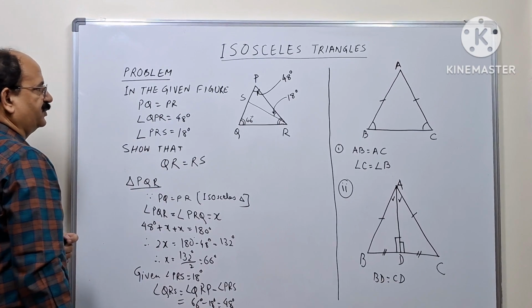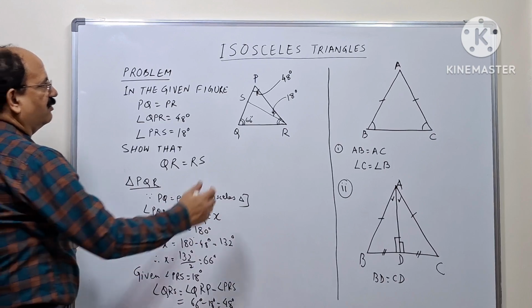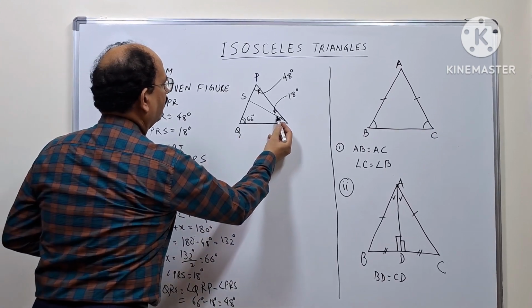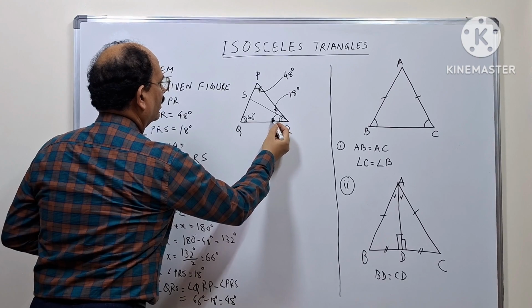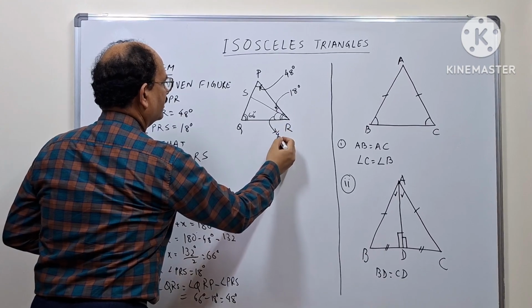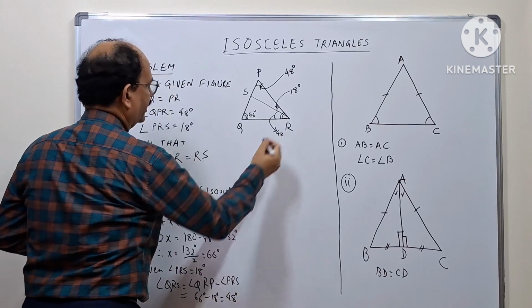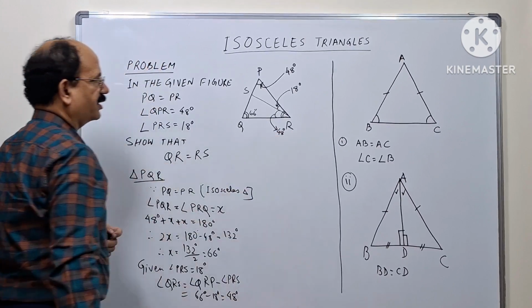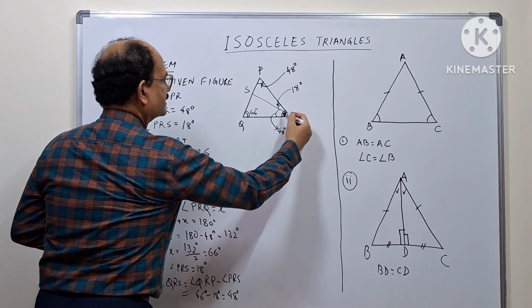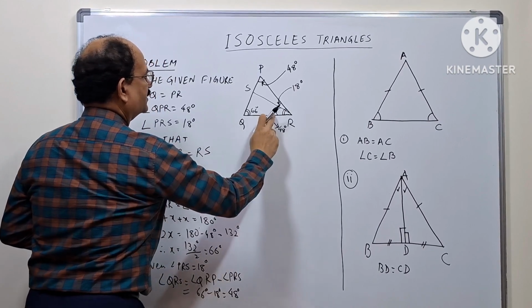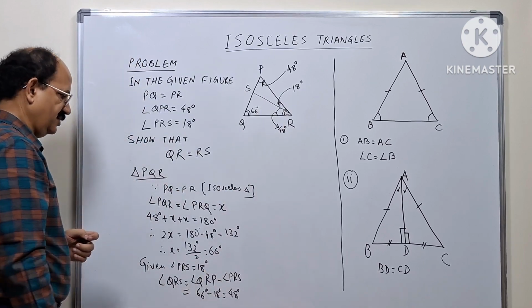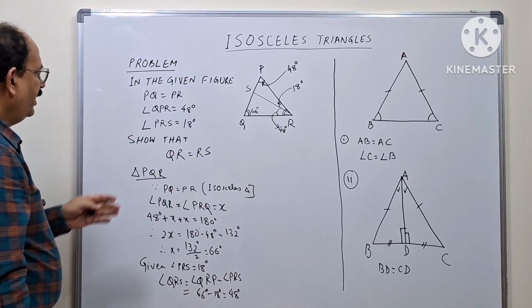So if we just concentrate on only this angle, it is 48 degrees, what we had got. Okay, this total angle is 66 degrees. This is 48, this is 18. Okay. Now what we have to prove?